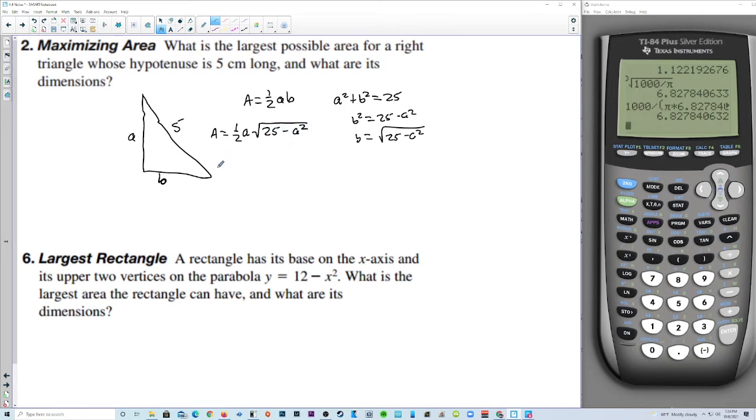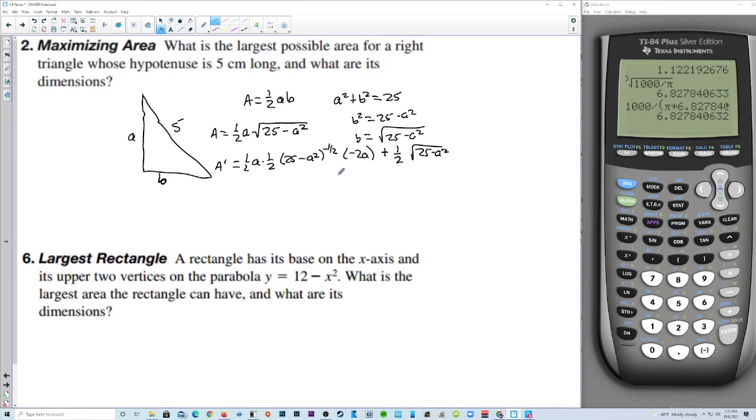Well, now we have to take the derivative of the area. So first times the derivative of the second. 1/2 times 25 minus a squared to the negative 1/2 times negative 2a. There's first times derivative of second, and then plus the second times the derivative of the first.